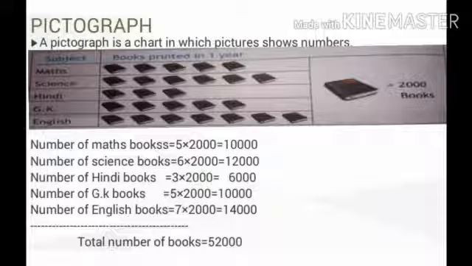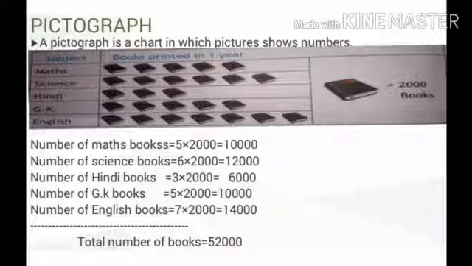Number of GK books, how many books are there? 1, 2, 3, 4, 5. 5 multiplied by 2000 is equal to 10,000 GK books. Next, English. 1, 2, 3, 4, 5, 6, 7. 7 books are there. So you multiply with 2000.